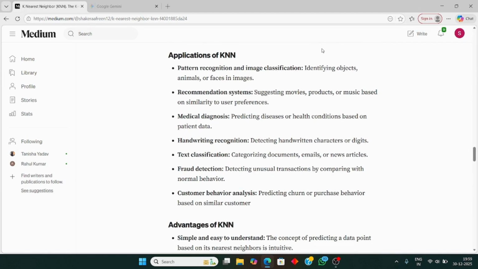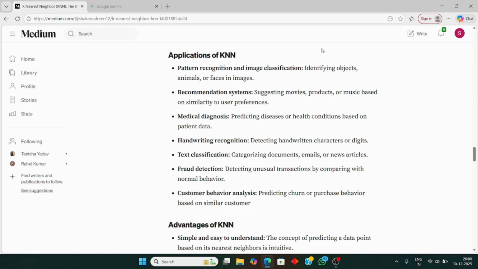Here are some of the applications of KNN. It can be used in healthcare, like detecting tumors and doing risk prediction, such as how much risk a patient faces in cancer. Next, in the finance sector, it can be used for risk assessment and bankruptcy prediction.